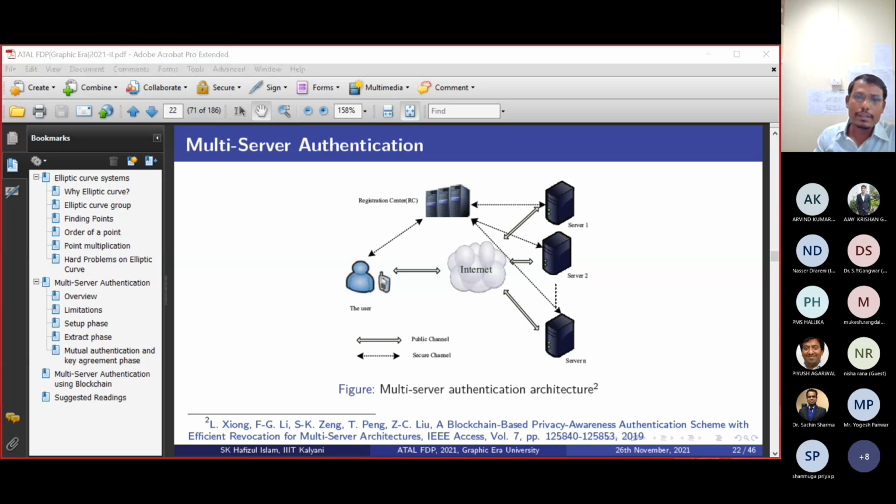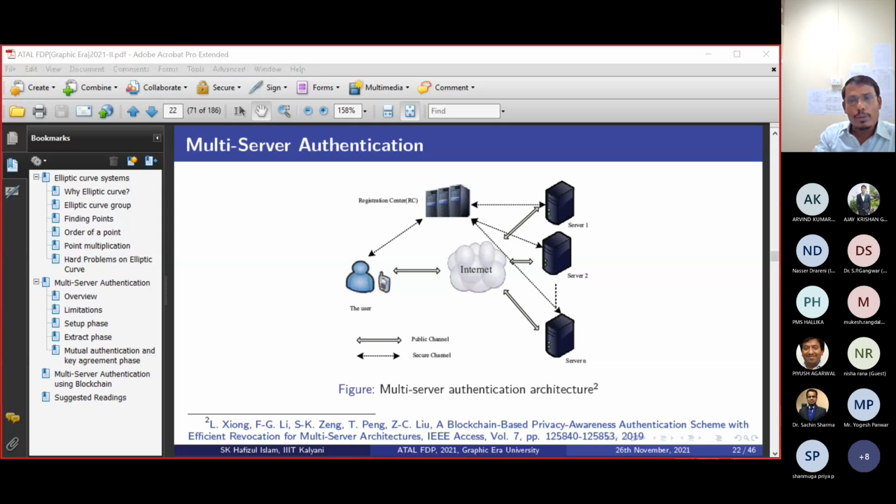So single authentication is like that. In this case, the server will provide one kind of application. Suppose this is your email server. I am logging in to the Gmail server, then accessing my email. That's fine. But suppose I want another kind of service, like a financial transaction. This is the Gmail server, and this is suppose the server with the bank.